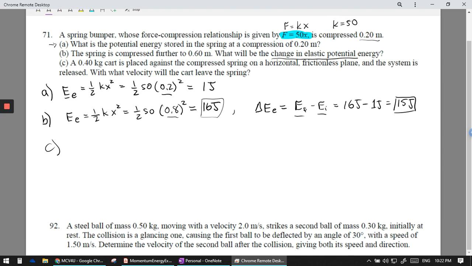this spring, right? From the way I gather it, they pushed it to 0.2, right? And then they pushed it to, oh, shoot. I actually messed this up.